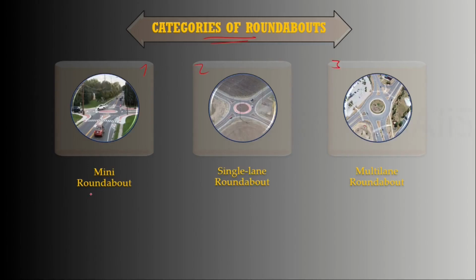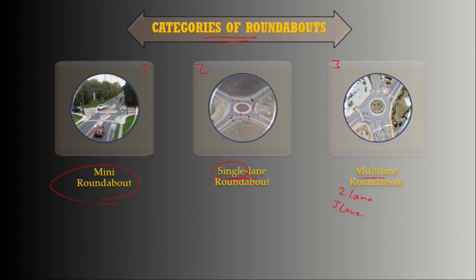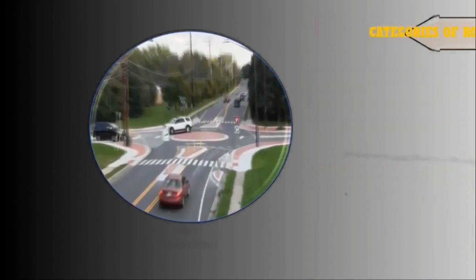The smallest one, the mini roundabout, the modest-size single lane roundabout, where, as its name represents, just one lane is designated to each movement, and the largest one, the multi-lane roundabout, which is normally a two-lane roundabout and, under some consideration, sometimes a three-lane roundabout. Let's start with the smallest one.